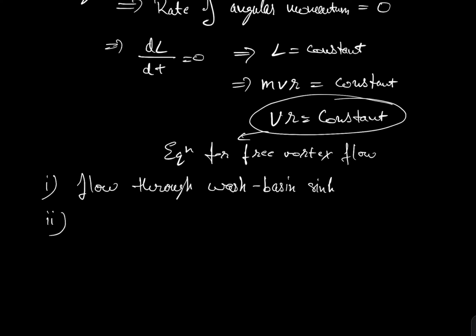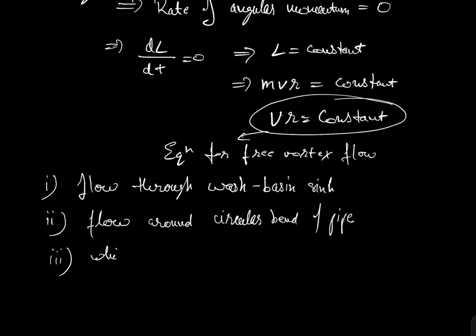Another example is flow around a circular bend of a pipe. Flow around a circular bend of a pipe. Fine. Or there is a whirlpool. Whirlpool in a river.